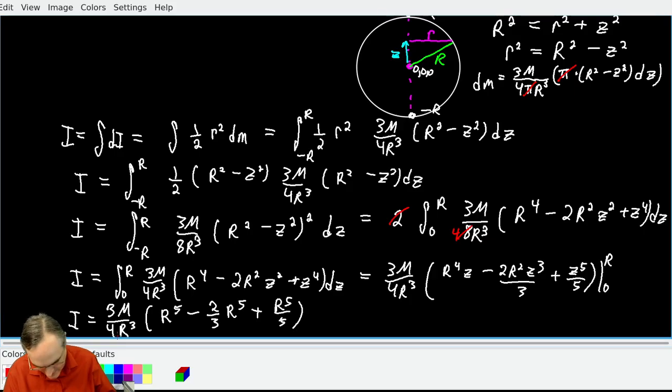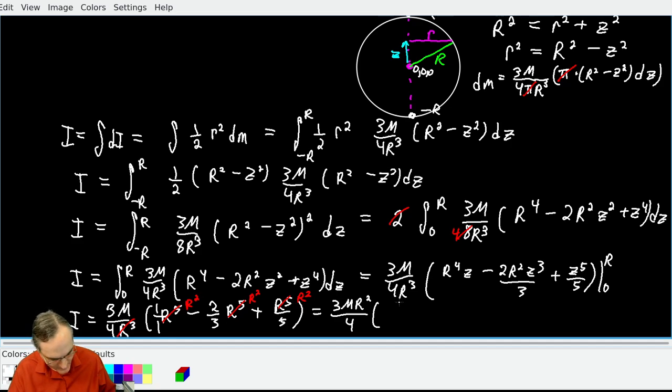Let's go ahead and cancel out the R's. We'll get a bunch of R squareds. Those can come out in front: 3mR squared over 4. The remainders, we have 1 over 1, minus 2 over 3, and plus 1 over 5. Those have a common denominator of 15, so we have 15 minus 10 plus 3 all over 15.